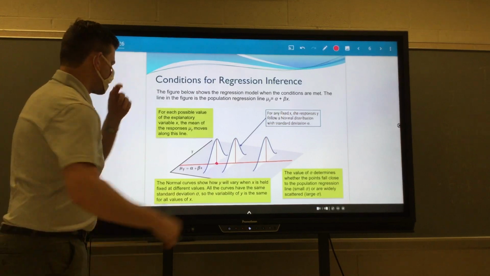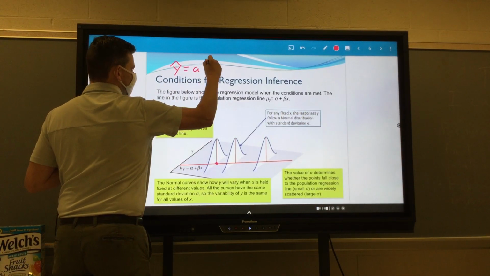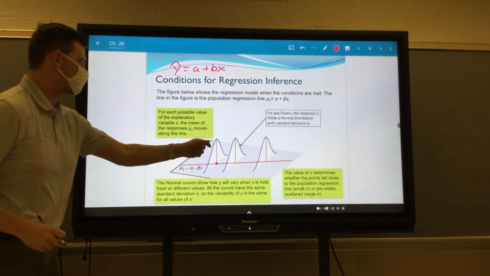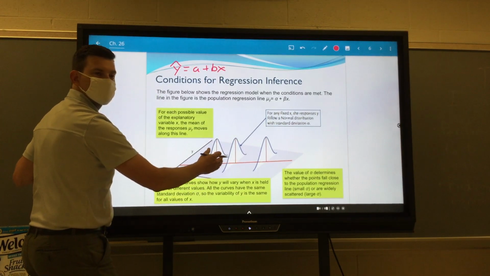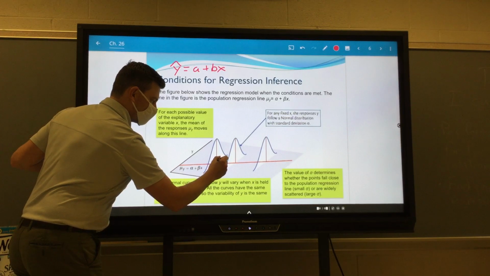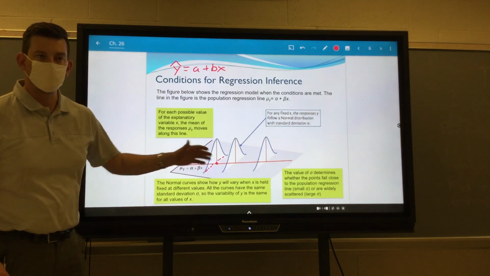But across all of our regression models, y hat equals a plus bx, there's some variation with that resulting y. And that variation occurs in a normally distributed fashion. Sometimes it's higher, sometimes it's lower, but that distribution is normal.